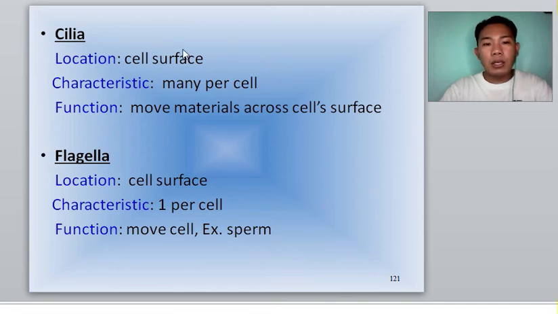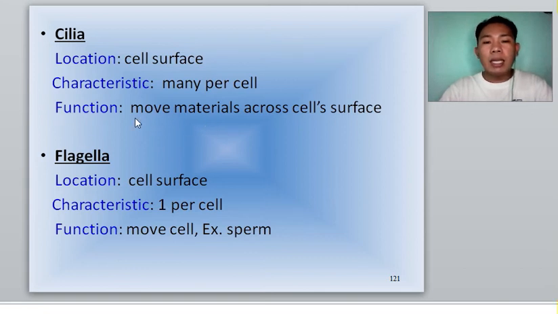Other structures located on the surface of the cell are your cilia and flagella. Cilia, usually many per cell, function for the movement of the cell and at the same time move materials across the cell's surface.